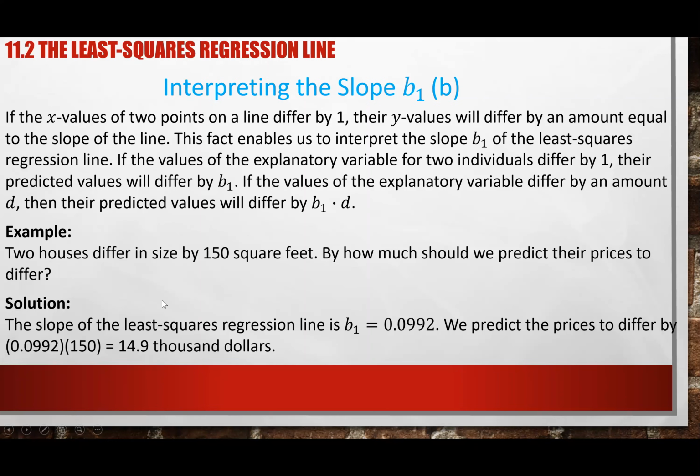They tell you that instead of plugging into the formula, finding the final price, and then finding the difference between the two final prices, we can just skip that step and take the slope and multiply it by whatever that difference is. That's all they tell you to do, and then you can predict the other item.